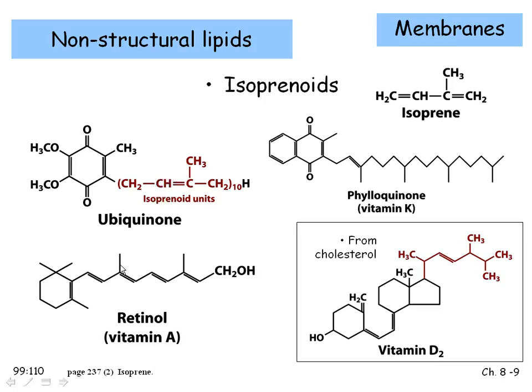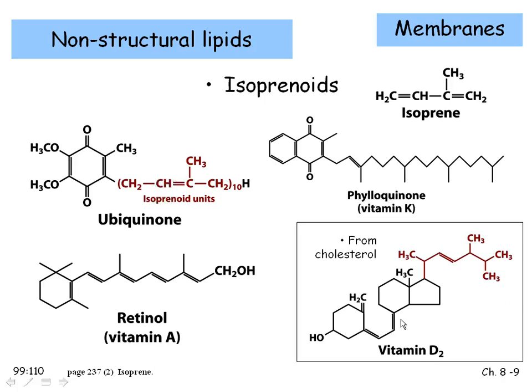Here's retinol, which you may recognize as being an important pigment in the eyes. In this case, it's a multiply unsaturated isoprenoid where, because it's resonant like this, it has particularly good capacities for absorbing light. Another non-structural lipid is vitamin D. Vitamin D is not an isoprenoid.